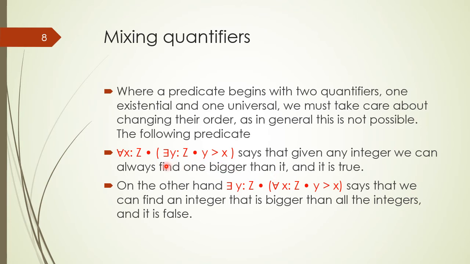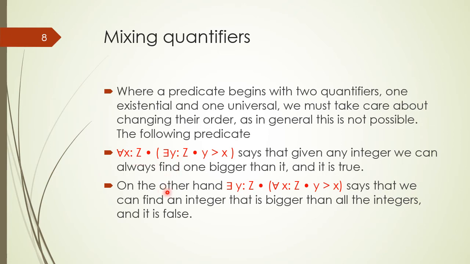For example, we have integer 1, and you can find integer 2 which is bigger than that, and you can pick integer 2 and you can find bigger than that which is 3, and so on. Whichever value you pick in the set of integers, you can find bigger than that.